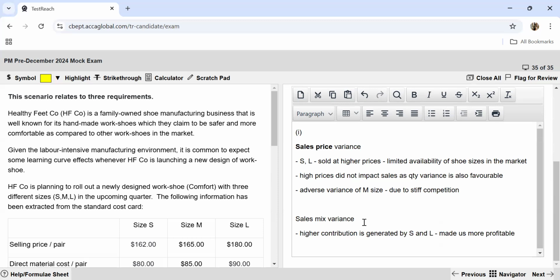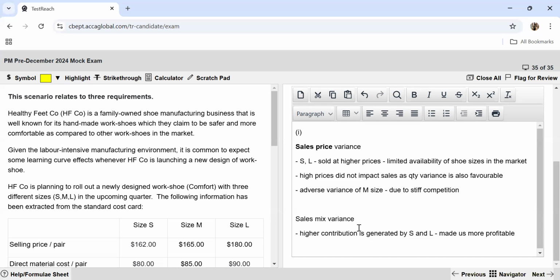Another thing which you can add over here is, what is the explanation? The reason could be that the sales personnel were asked to promote more aggressively the sizes S and L, given the possibility of limited availability in the market.